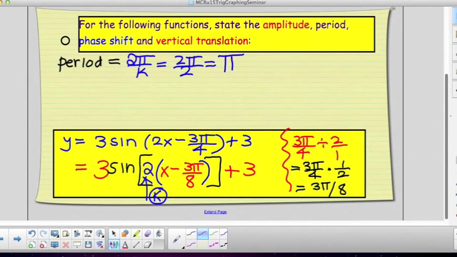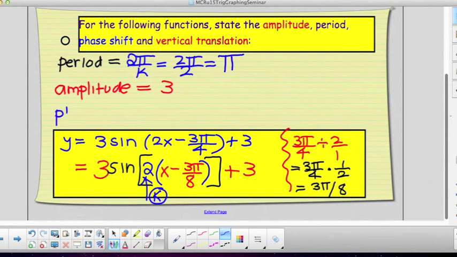Vertical stretch by 3 means that my amplitude is equal to 3. And finally, my phase shift is not by 3 over 4.